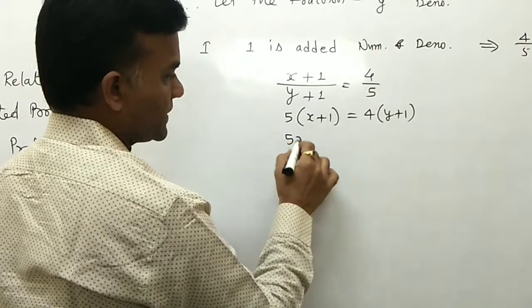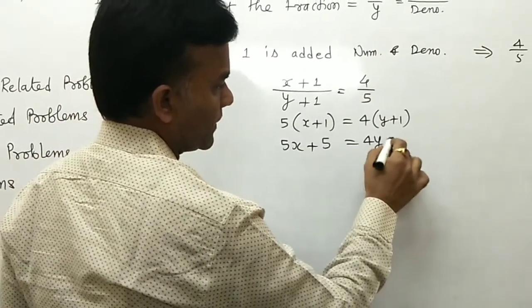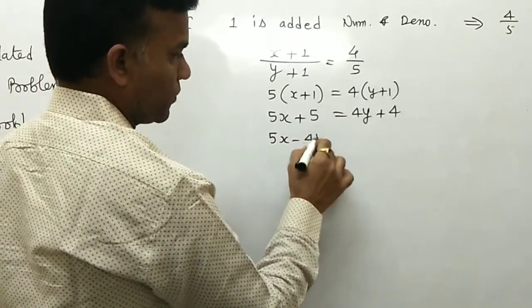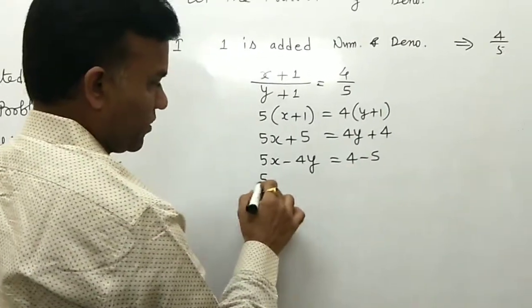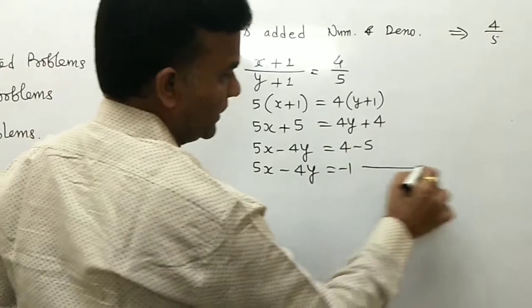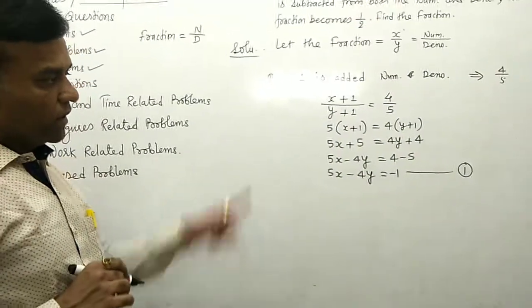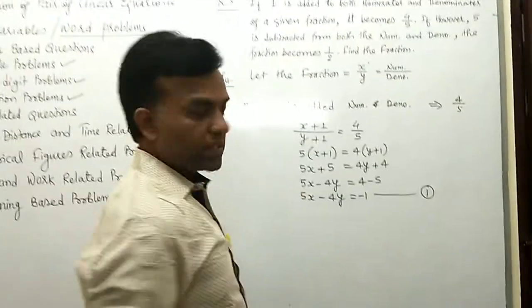So 5x plus 5 and now 4y plus 4. So 5x minus 4y equal to 4 minus 5, and now 5x minus 4y is minus 1. Now you call this equation 1. Okay, so this is the first part done, and in the first part we have the first equation.